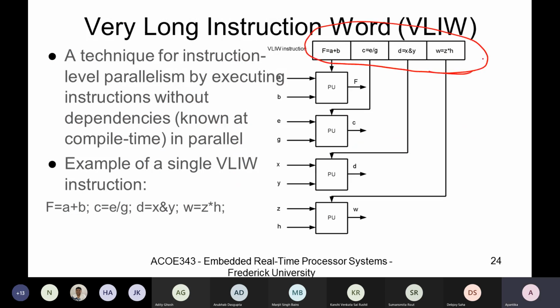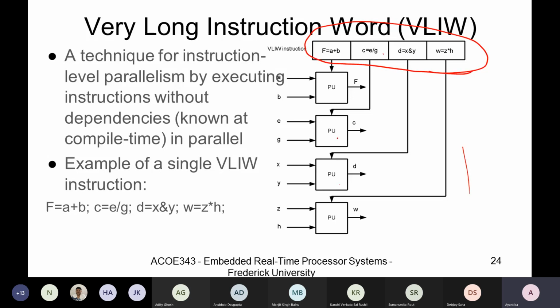This is one instruction, but you have huge hardware support in such a way that this part of the instruction you are mapping to some adder, this part you are mapping to some division block, and this part to some multiplication block.